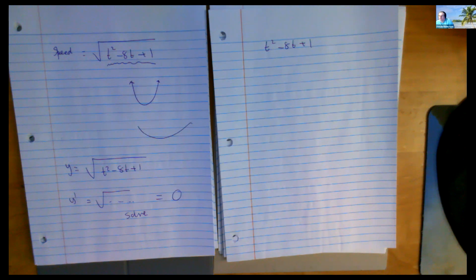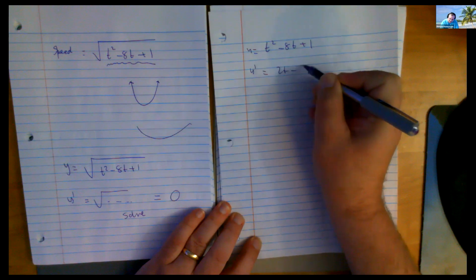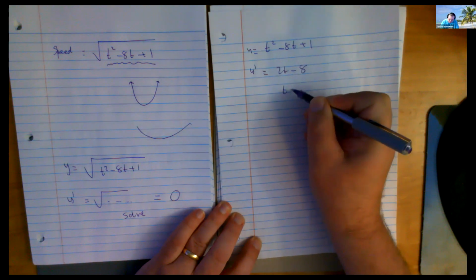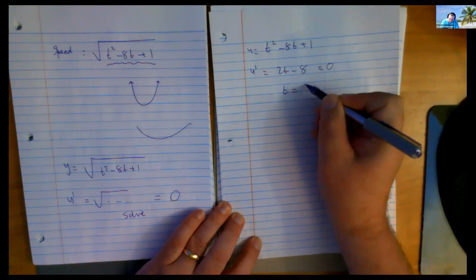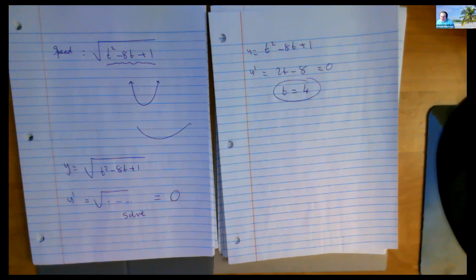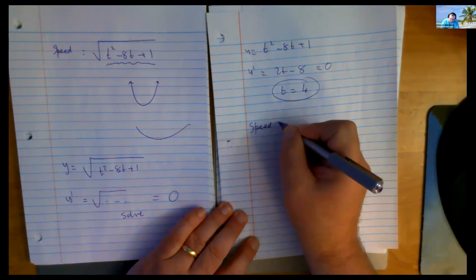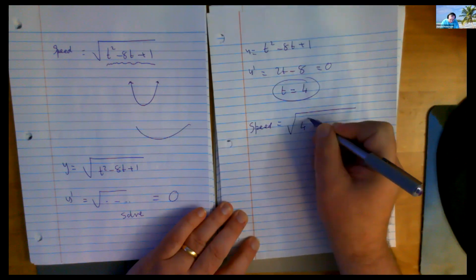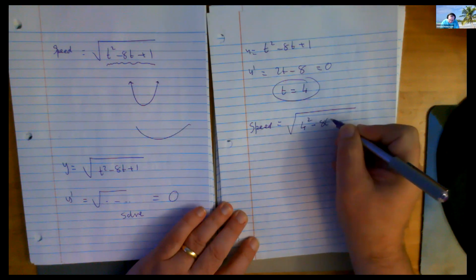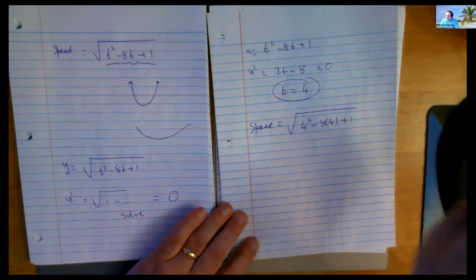That actually saves you some algebra, because if you differentiate this, you get 2t take away 8. Does it not make 0 when t is 4? And won't the speed be the square root of 4 squared take away 8 fours plus 1, and you'd get your answer.